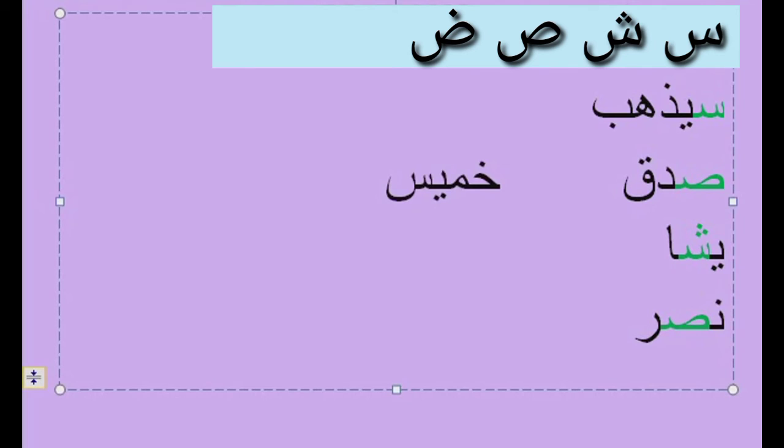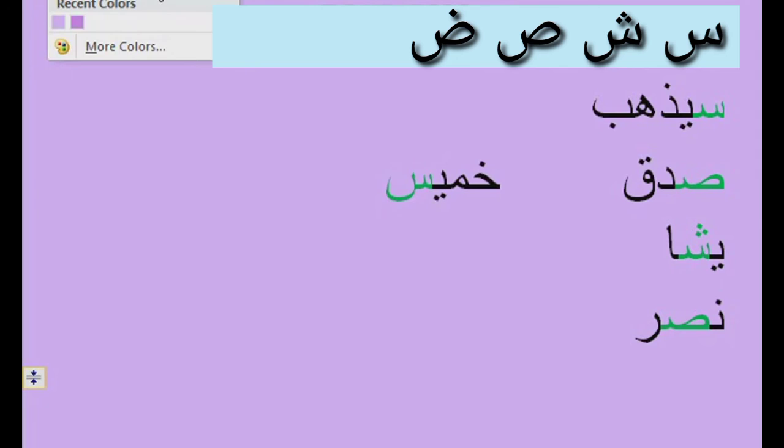What about in the end? In the end of the word is like this. You see here, this one. Okay, so that's the way to write shin, shin, short, and dot.